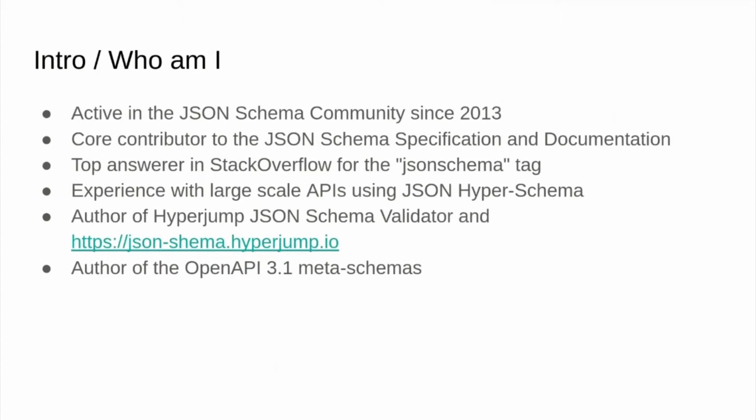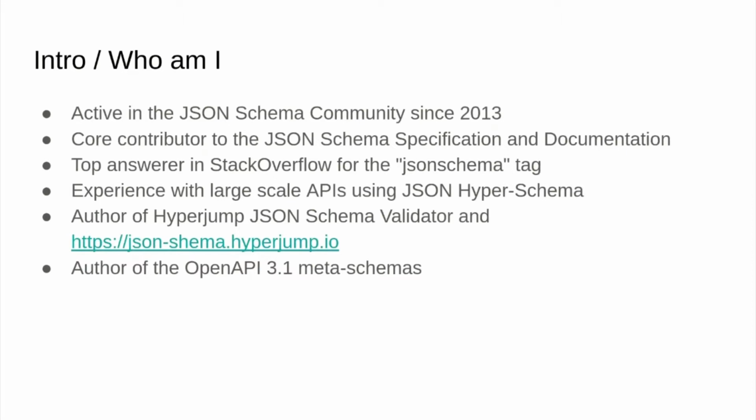I'm very active in Stack Overflow, helping out with JSON Schema questions. I'm also the author of the Hyperjump JSON Schema Validator, a JavaScript implementation. And I've been working with OpenAPI a lot recently, working with their meta schemas and helping out with JSON schema related issues.